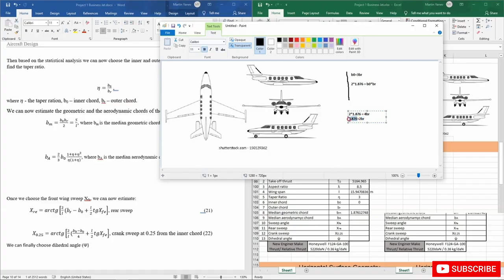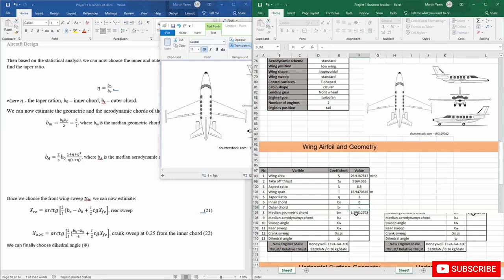And this one here, 1.876, is actually our BM, okay, or the median chord. So what we found here is that BR is 2 times smaller than the median chord, and this is what I will write here. So basically BR will be equal to the median chord divided by 2, okay.